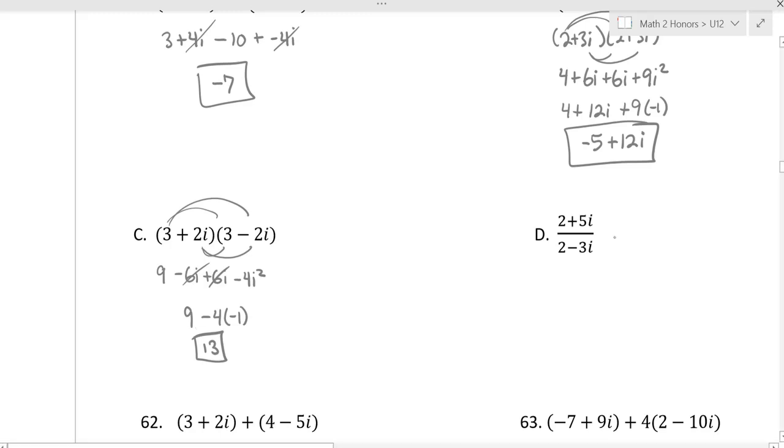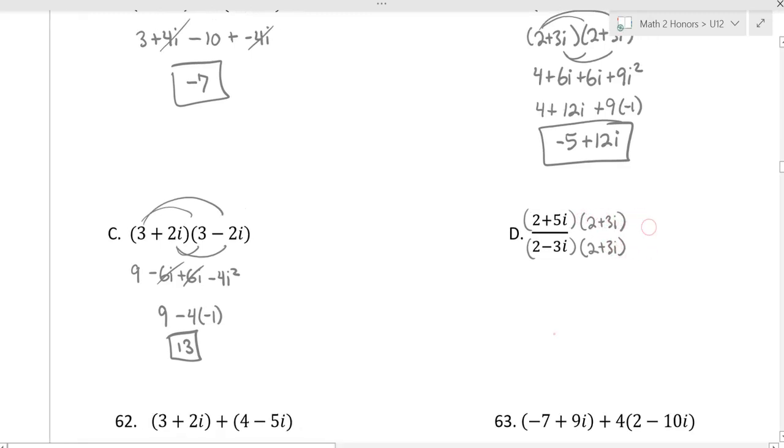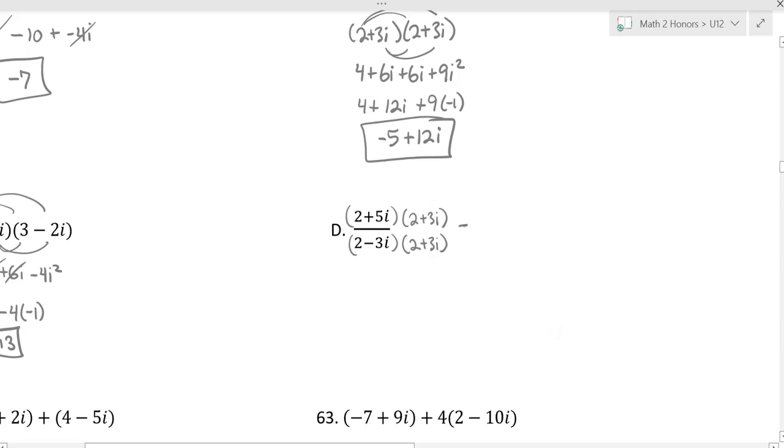Part D. If you have a fraction, you can't end up with a square root in the denominator. i is a square root, it's the square root of negative 1. So we're going to have to multiply the top and the bottom of this fraction by the conjugate of the bottom, which is 2 plus 3i. Work through that multiplication.